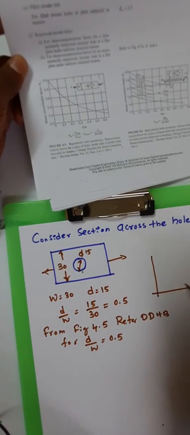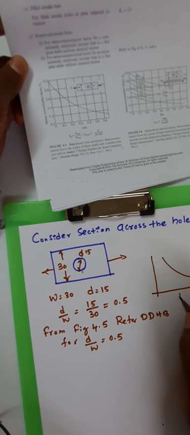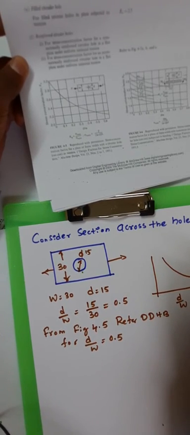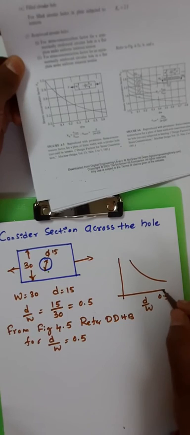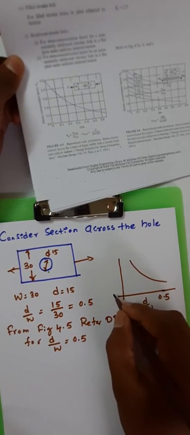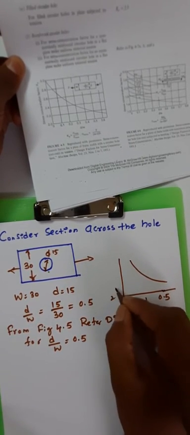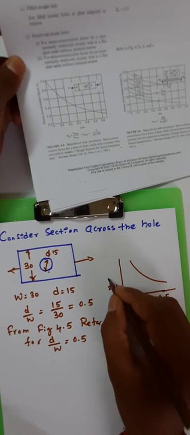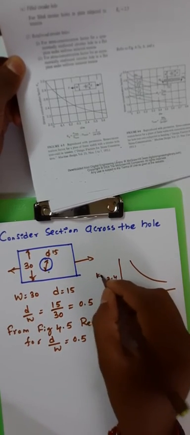Just see the nature of the graph. This is D by W of 0.5, and here we have 2.2, 2.4, that is K sigma.